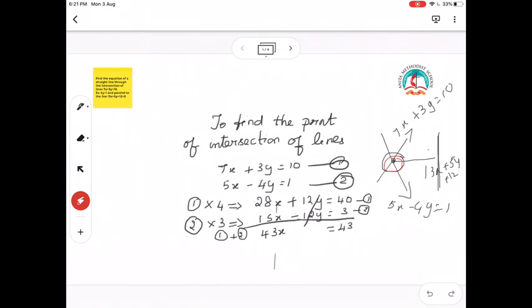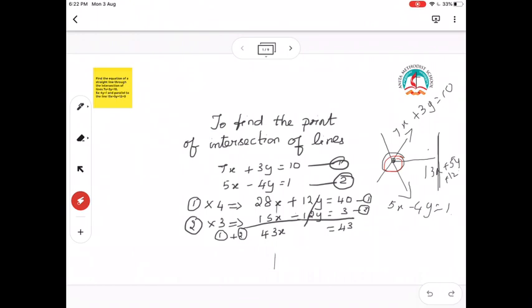Okay children, we continue this problem. Exercise 5.4, question number 9. Find the equation of the straight line through the intersection of lines 7x plus 3y is equal to 10, 5x minus 4y is equal to 1, and parallel to the line 13x plus 5y plus 12 equal to 0.